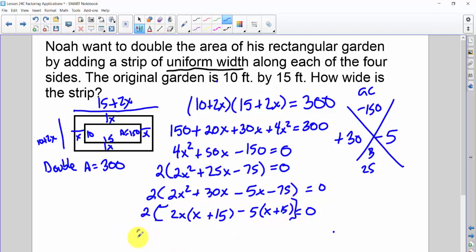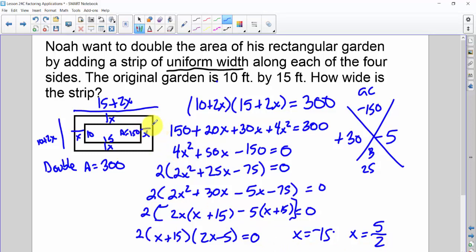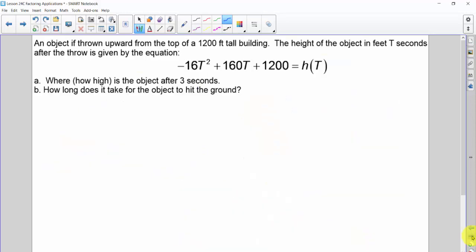So then I have 2 and factor out the x plus 15 because that's a GCF, leaving me with 2x minus 5 is equal to 0. Therefore, x will equal negative 15, or x is equal to 5 halves. Again, it doesn't make sense to have a negative uniform width, so I cross that off, and my uniform width is 2.5.